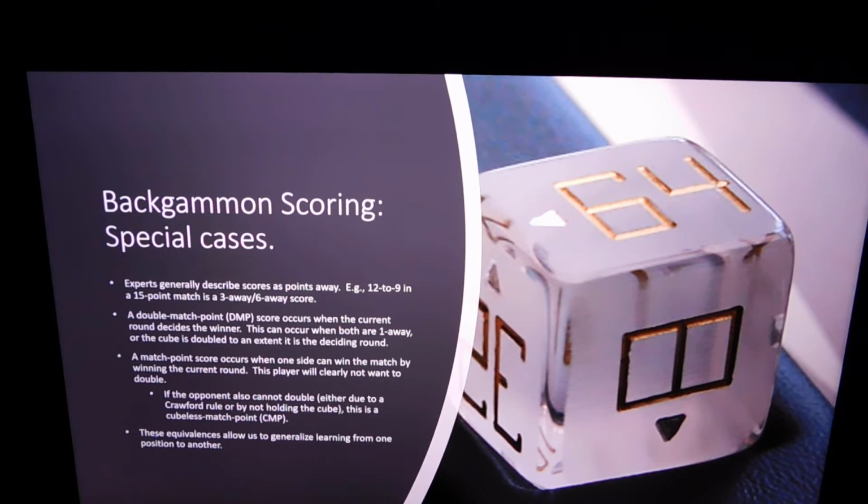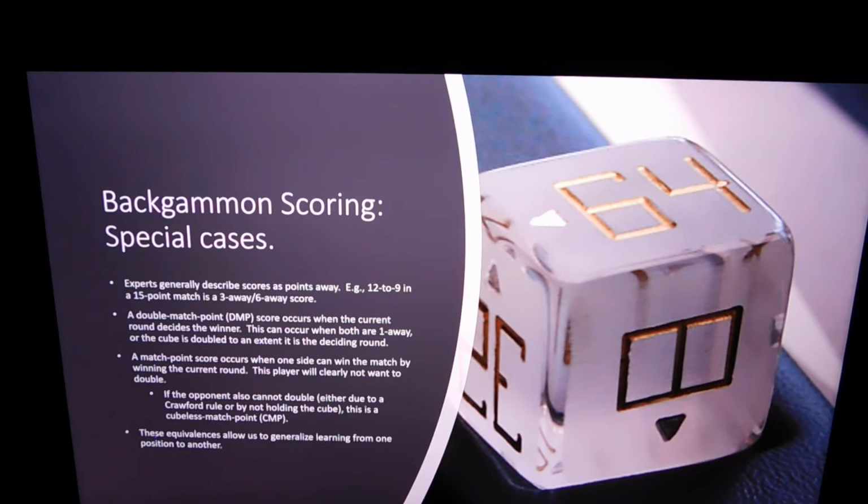Now, sometimes a round could be a match point for one player but not the other, right? So for example, again, let's suppose one player is 3 away and the other is 5 away, and the doubling cube is at a 4, right? Now when that happens, another condition could happen. If the opponent who is not at the match point cannot double, whether it be because of the Crawford rule or they're not holding the cube, neither side's going to double, right?